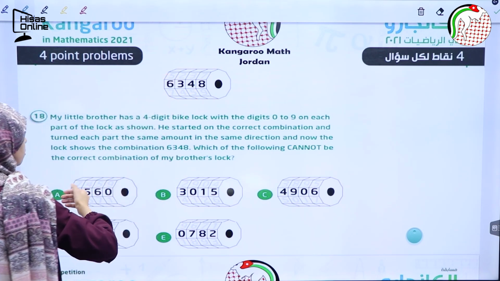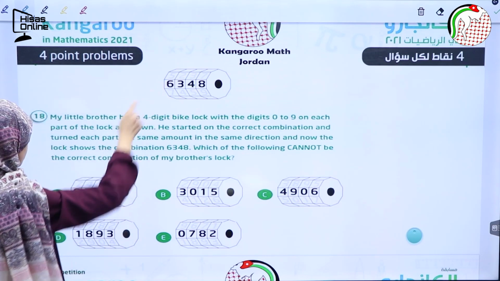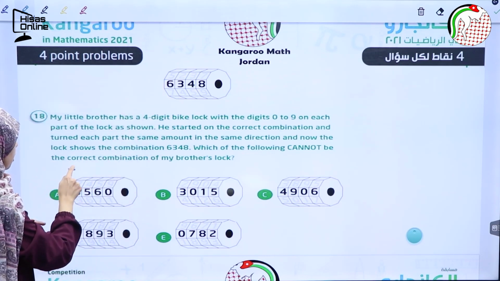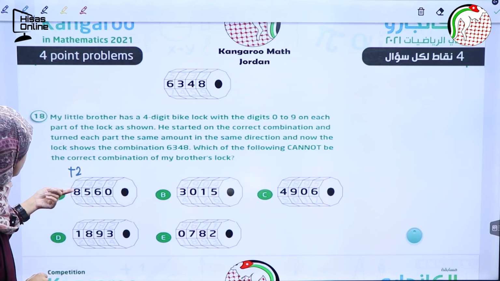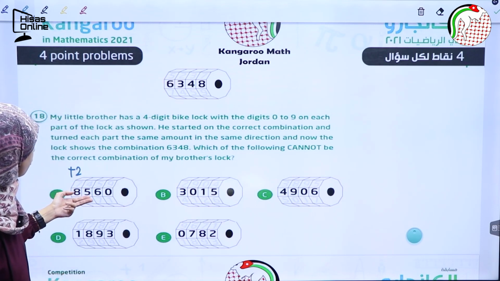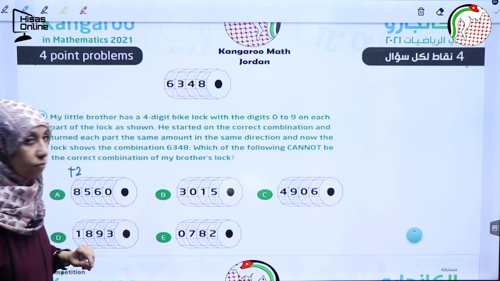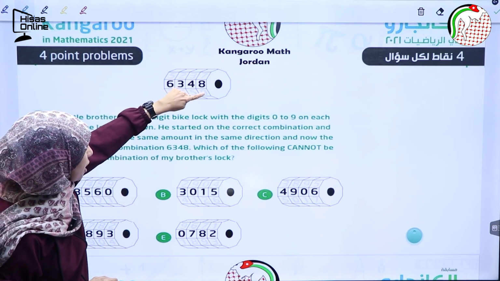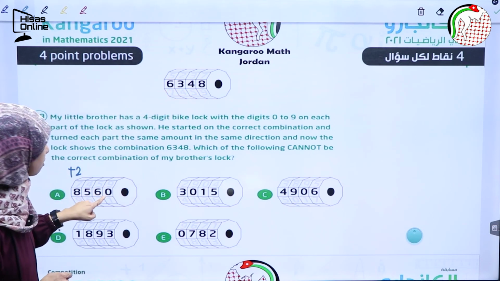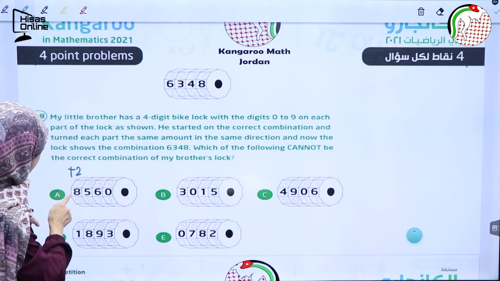So 6 to 8, I'm adding 2 here. So let's add 2. 6 plus 2 is 8, 3 plus 2 is 5, 4 plus 2 is 6, and 8 plus 2: imagine 8 will move to 9, then what comes after 9? The 0 again. We said digits are from 0 to 9. So this one is correct.